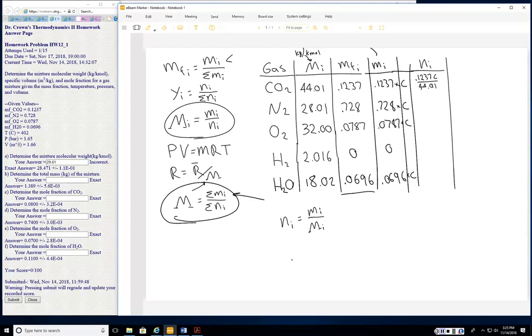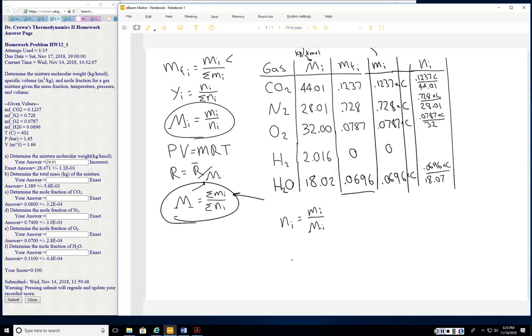And so 0.728 times C over 28.01, 0.0787 times C over 32, and 0.0696 times C over 18.02.